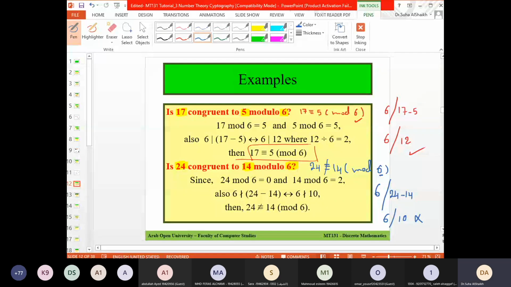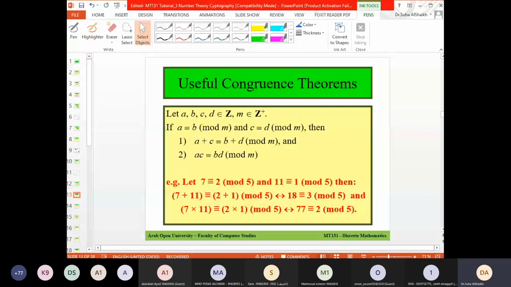Now, useful congruence theorems. Just as in division we took some theorems related to division, we will have some useful congruence theorems as well.